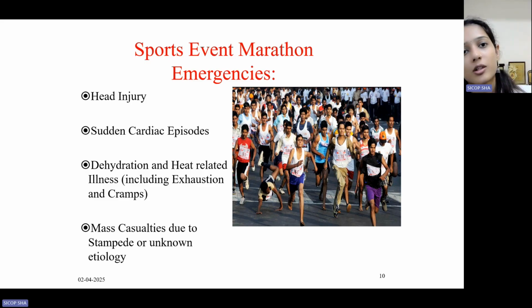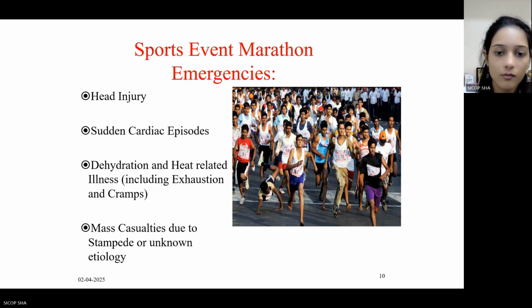So the management, the first line, will be to provide oral fluid, that is your water and electrolytes, and monitor for severe dehydration signs like rapid pulse, low blood pressure. So refer severe cases for intravenous hydration.